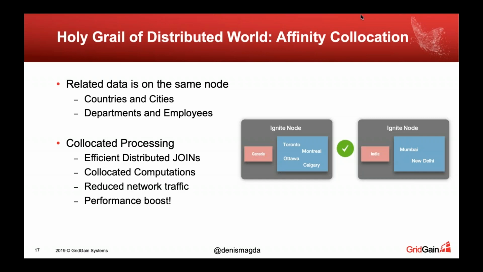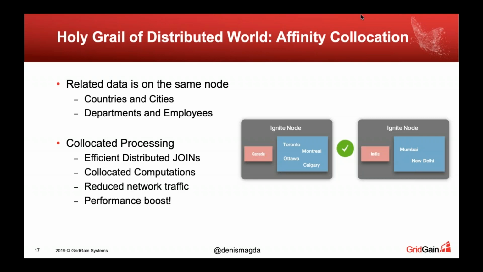And right after that, when your application is inserting data into the cluster, Ignite internally will take the value of your country ID column, because that's the affinity key, and will calculate the destination node where that record has to be stored.